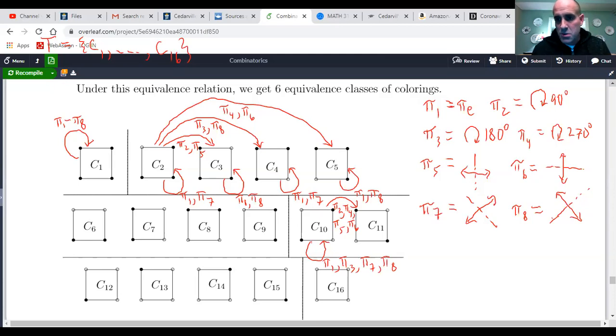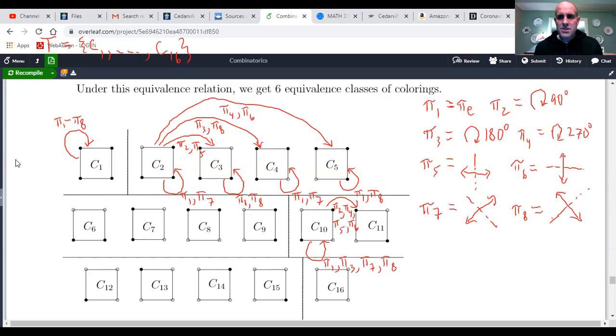So our goal is going to be to show that in any equivalence class, the number of permutations that fix one coloring is the same as the number of permutations that fix any other coloring, and it is also the same as the number of permutations that move us from one coloring to any other coloring in the equivalence class. Okay, so that's what we're going to be working toward doing.